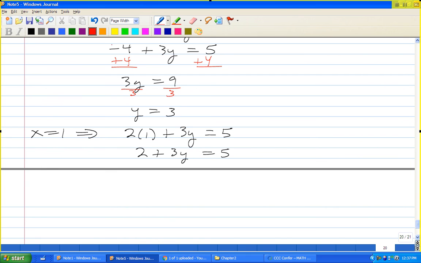Subtract 2 from both sides of your equation. And so you get that 3y equals 3. Divide both sides of your equation by 3. And so you get that y equals 1.